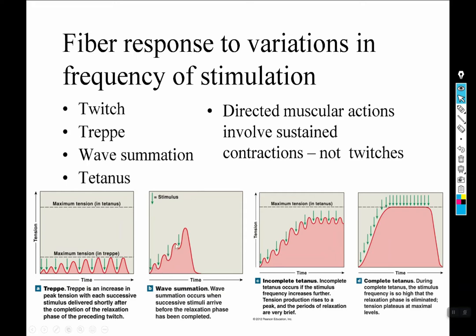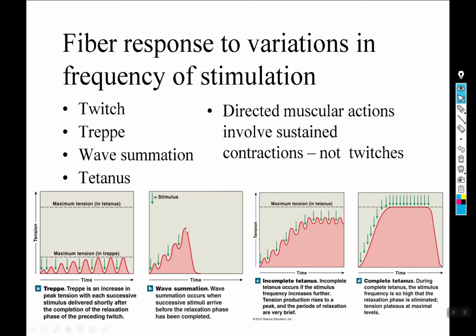We get this stair step up where the waves are summed together. The wave gets partially relaxed, but it is stimulated to generate more tension before it can relax completely. So more cross bridges, and more cross bridges, until we get to this peak. And if we stop stimuli, it will decay back to zero tension after time.